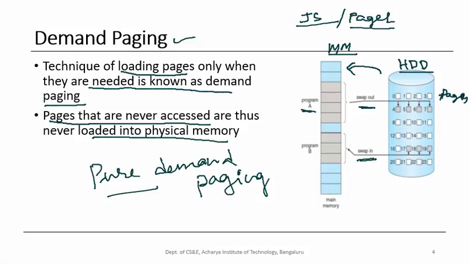When the CPU starts the execution of the process and tries to fetch the first instruction, the first instruction will not be there in the main memory, and the page holding this first instruction is brought into the main memory, and then the execution of the process starts. So the execution of the process starts with 0 pages loaded into the main memory, and as and when reference is made to instructions or data in the pages, they are brought into the main memory. This kind of paging is called pure demand paging.